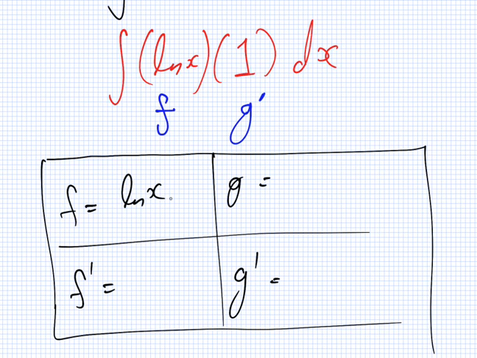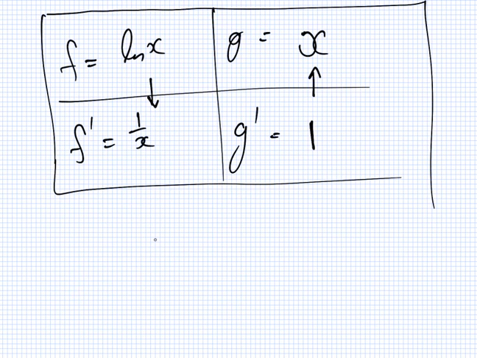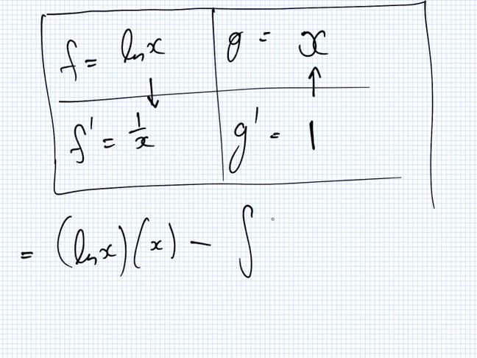Good, so let's have a look at it. Here, f is log x, and its derivative is 1 over x. G derivative is 1. So what's g here? F, very good, because we go up antiderivative, down derivative. So the formula says this can be rewritten as fg minus f derivative g dx.